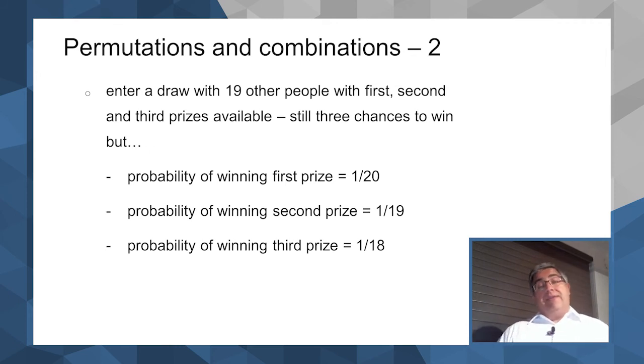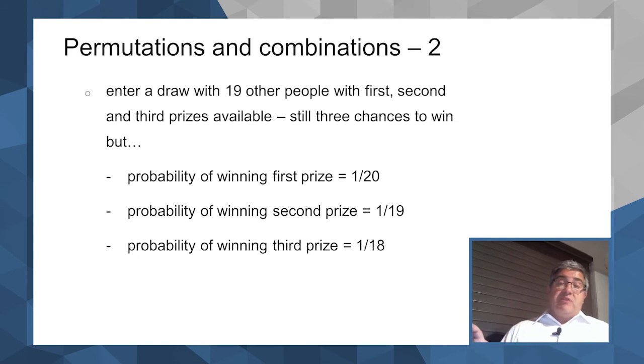So there's only 19 people left. And once those first 2 prizes are gone, then there's only 1 left, and there's only 18 people left. So now the probability of getting a third prize is 1/18.